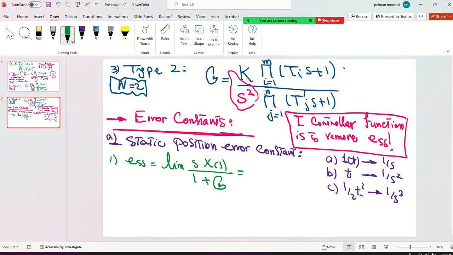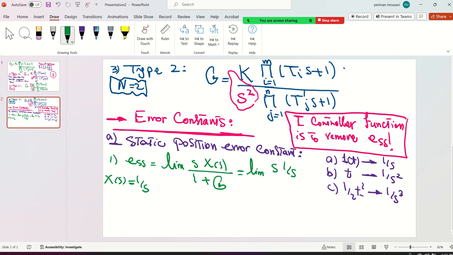So when I said case 1 is that your X of S is 1 over S, a unit step. If you put that here, it's going to be S. Now I'm speaking generally, not for second order, first order, third order, 10th order.